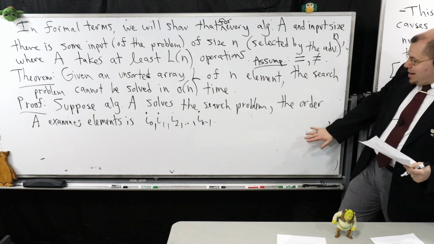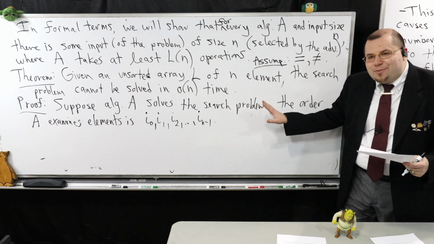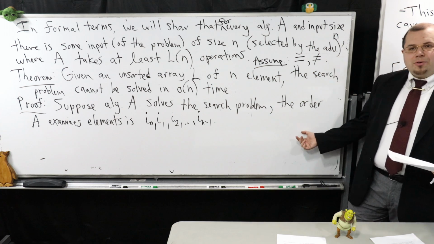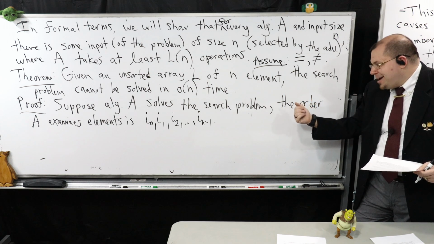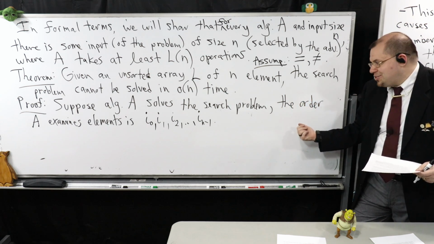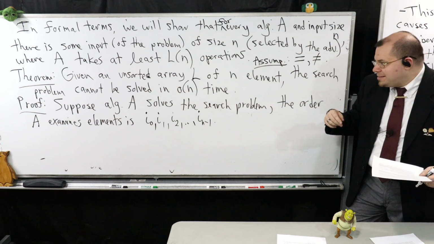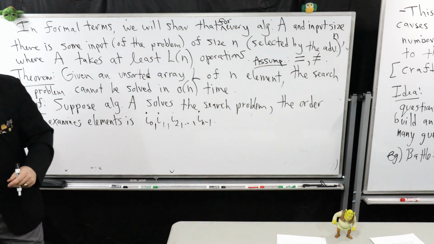So I haven't made any wild assumptions yet, right? Remember, I'm not assuming any one algorithm when I do this. I'm just assuming I have some algorithm that solves the search problem, and I look at the order in which it examines these elements. These are just names I'm giving them.